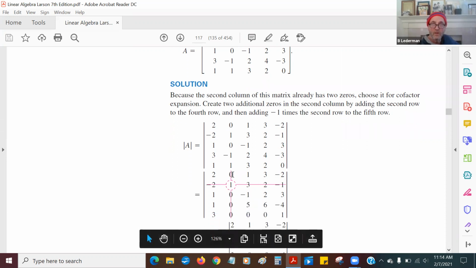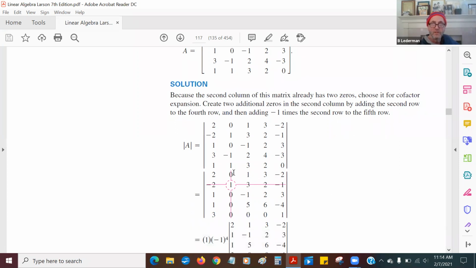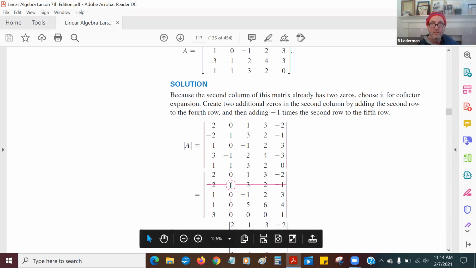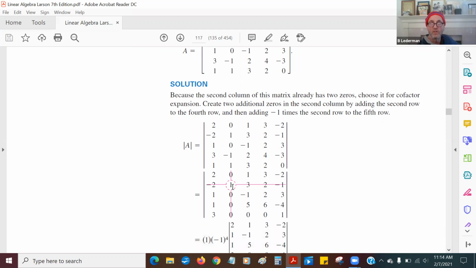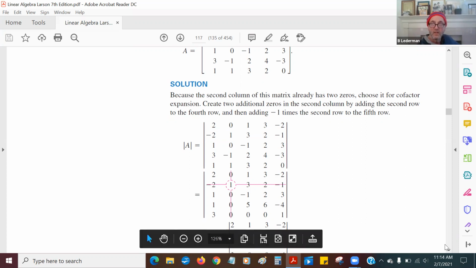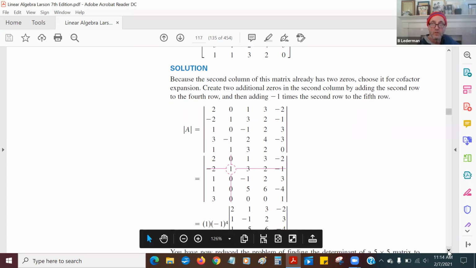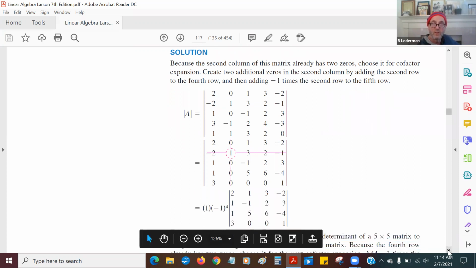So now look at this down here. Now I have 0, 1, 0, 0, 0. So in the second column, I have all zeros except for 1. So I'm going to now do the cofactor expansion along this second column, and that's going to bring me to here.